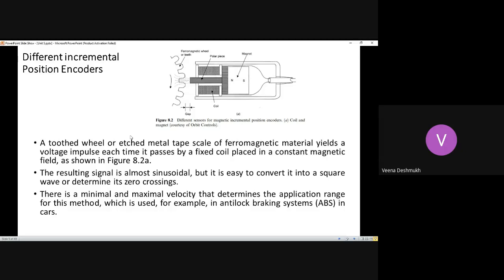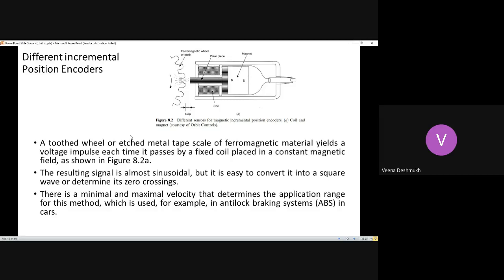To know that, the revolutions per minute, that speed, is to be measured. In that case, ferromagnetic or magnetic field induced tachometers are used. These days, even optical ones are also being used, sensing the position using a simple LED.